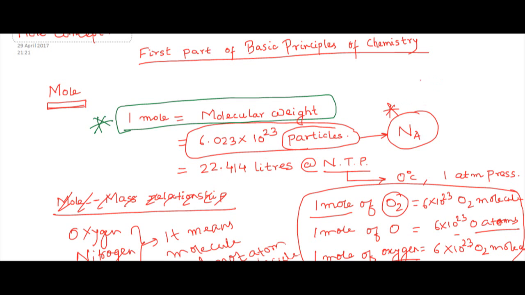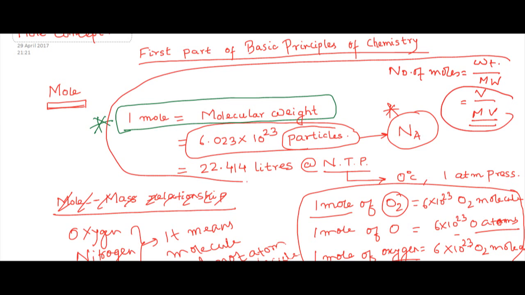And another two things that we have learnt is number of moles is equal to weight by molecular weight, and volume by molecular volume. So if I can apply these principles to my problems, then I would be able to solve more or less all the problems related to mole concept given in the examinations.